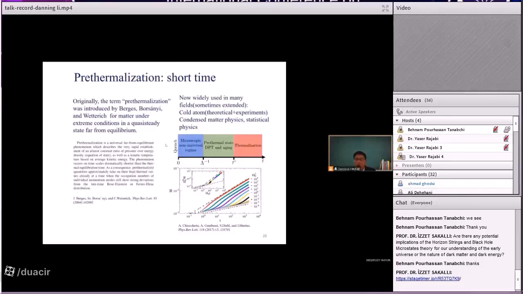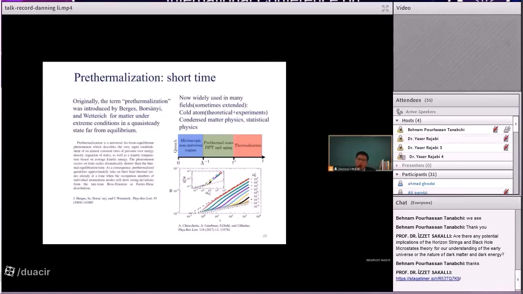And this concept has been widely extended in many fields, like in quantum condensed matter physics and statistical physics, and they have found a lot more interesting phenomena. For example, in this work, they show that near the critical point, if you choose different initial conditions, the order parameter evolves with time in different curves.